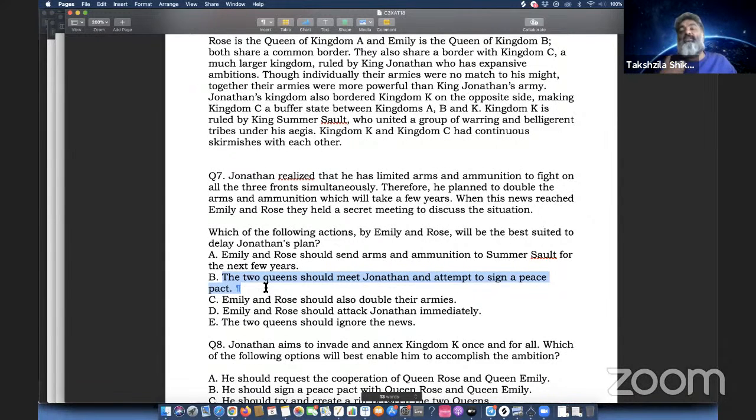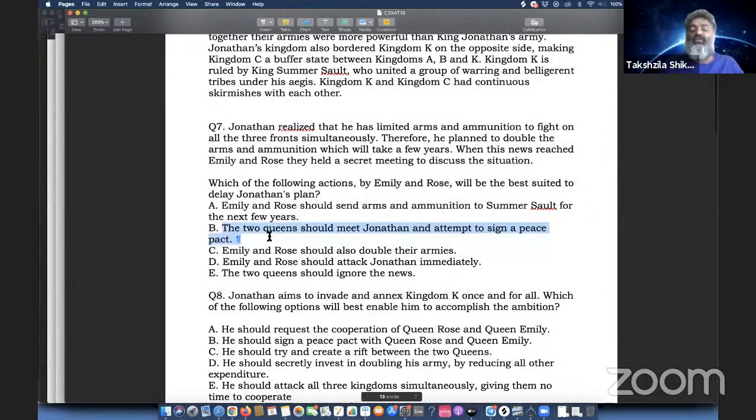You know his tendency, and you also know that he's doubling, his current immediate plan. So going for a peace thing is not going to work for me, right? So I hope why B is not working is clear.